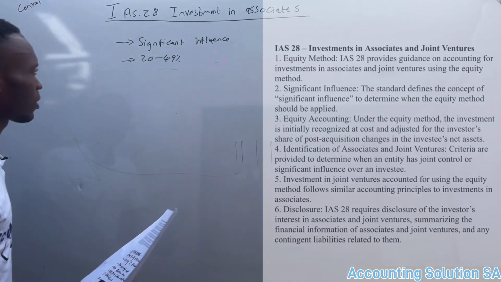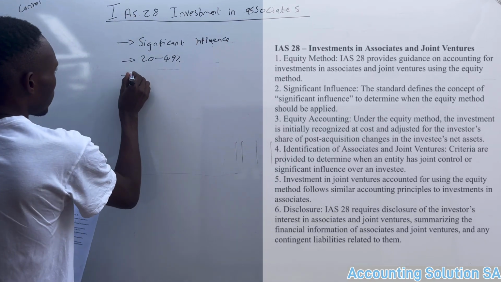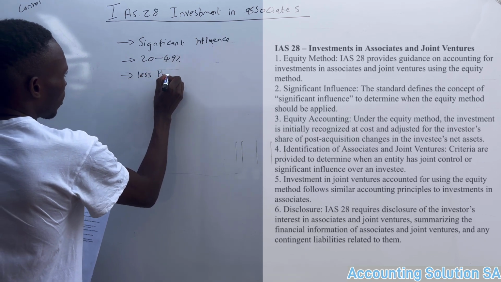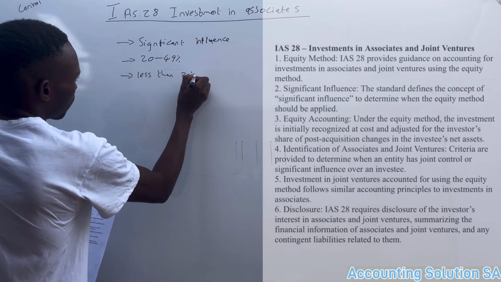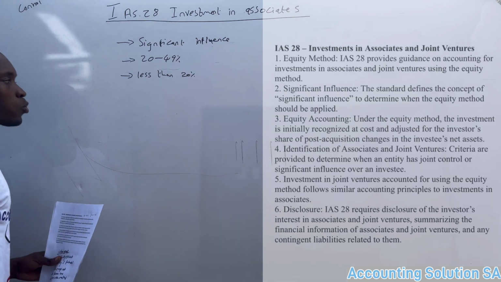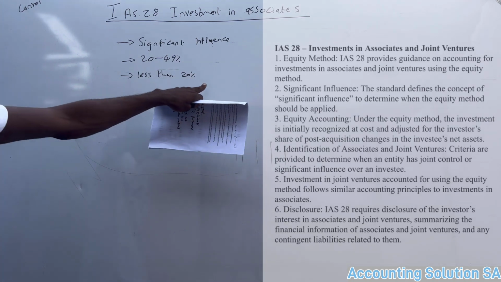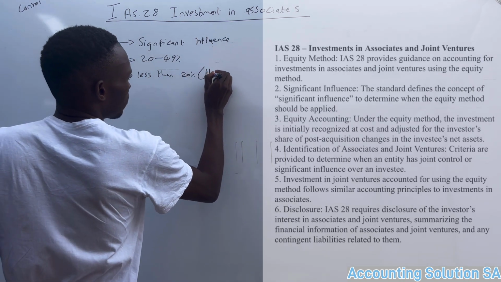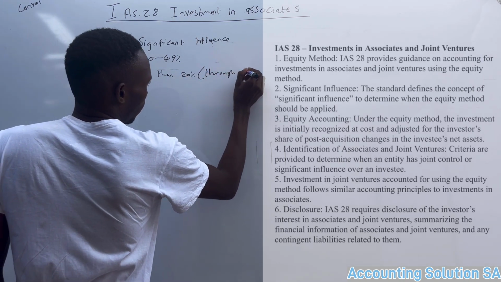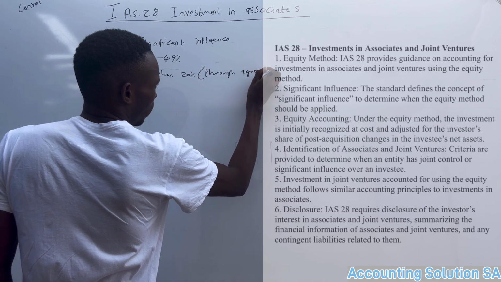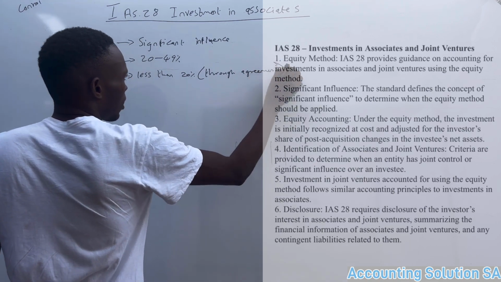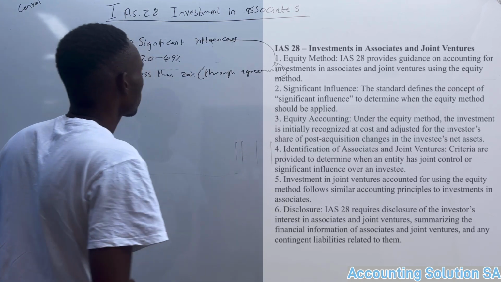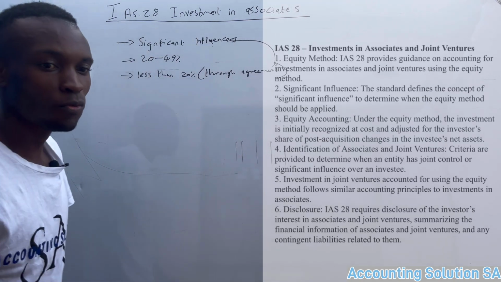However guys, it is possible that it can be less than 20%. How so? Through agreement. So in other words, this brings us back to the significant influence term.